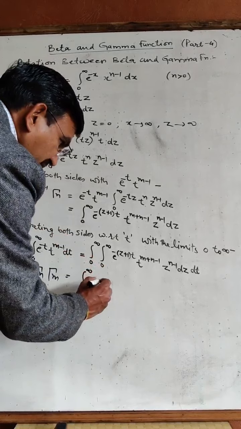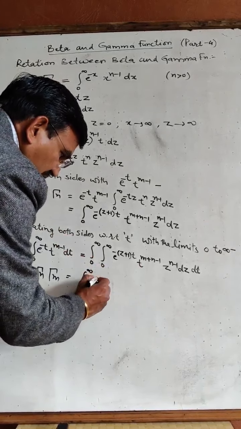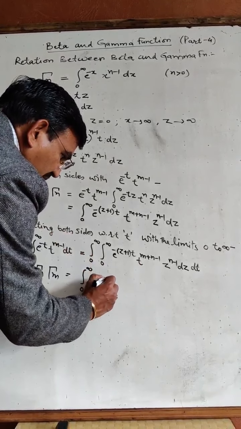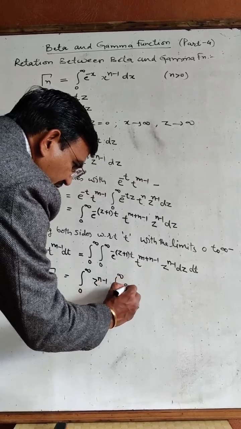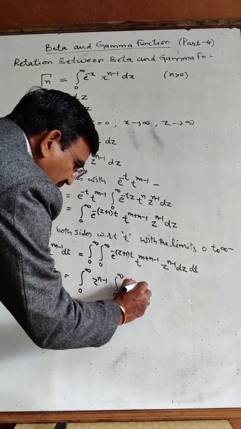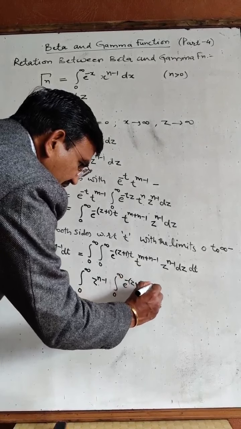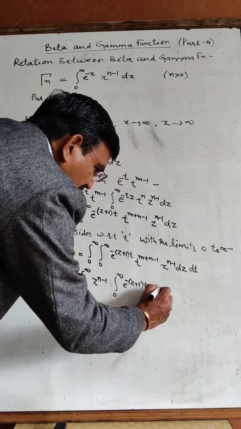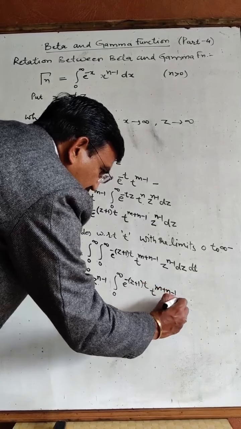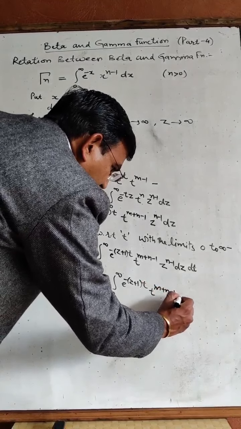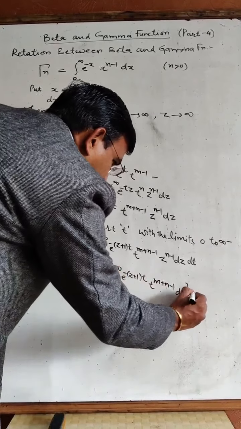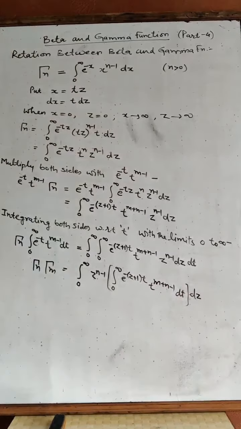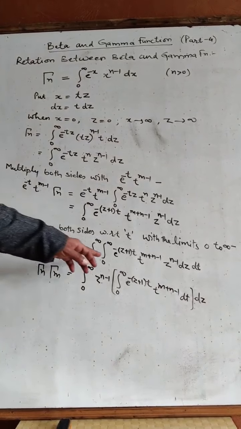So it would be z raised to the power n minus 1, integral 0 to infinity e raised to the power minus z plus 1 t into t raised to the power m plus n minus 1, d of t, and it would be d of z. Again look what we have done.